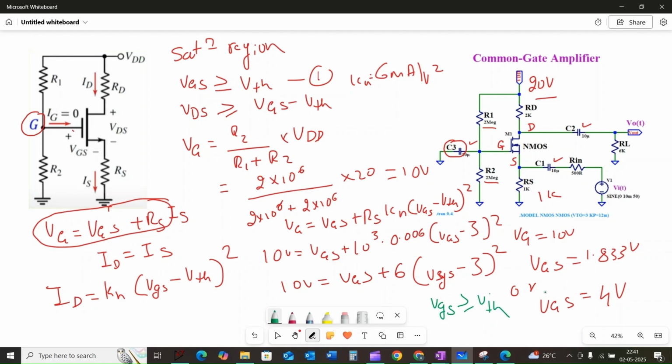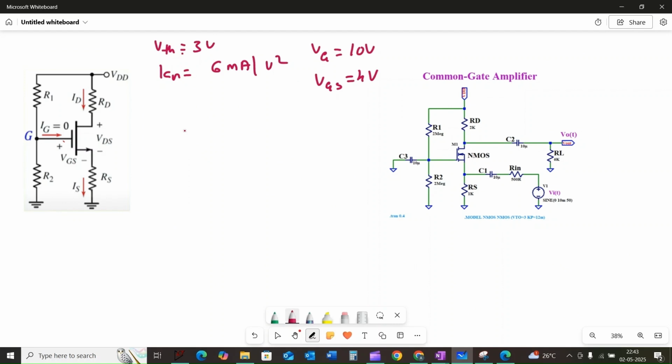That means our gate to source voltage Vgs we can consider as 4 volt. So we choose the valid Vgs and calculate the drain current. And in saturation region, the drain current Id can be given by Kn into (Vgs minus Vth) whole square.